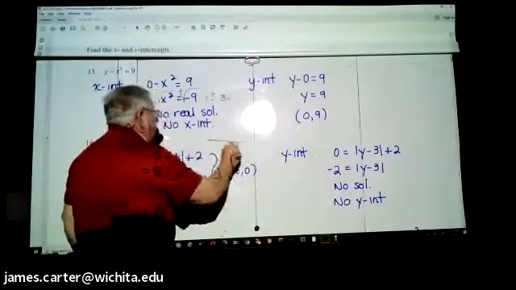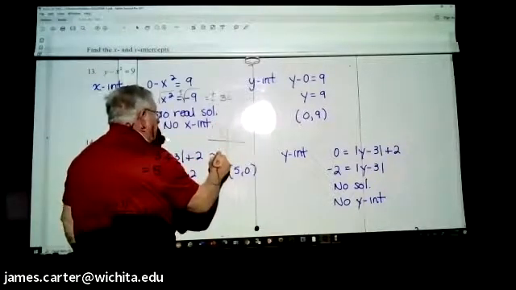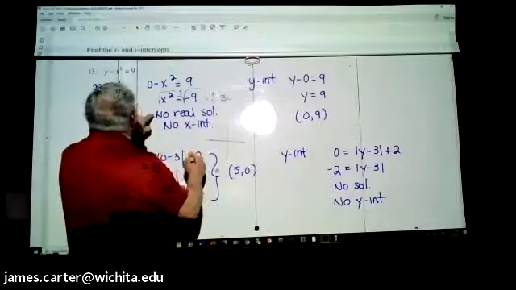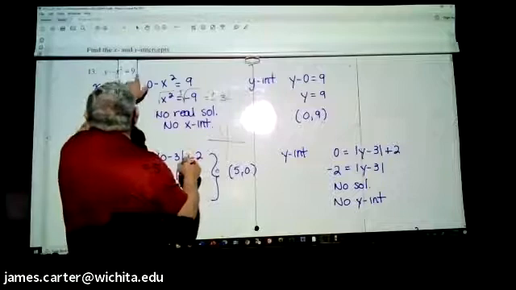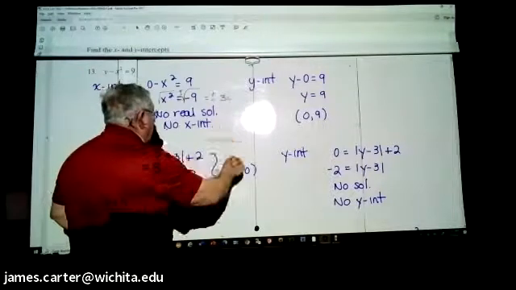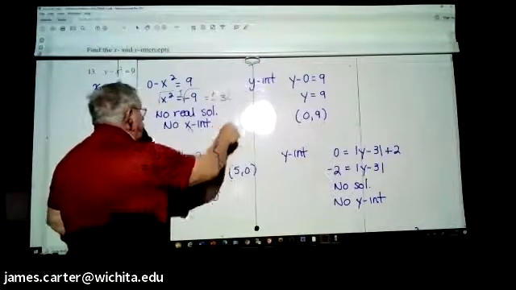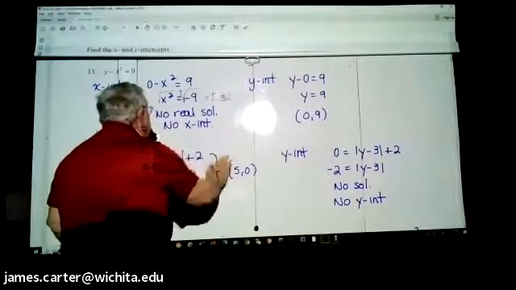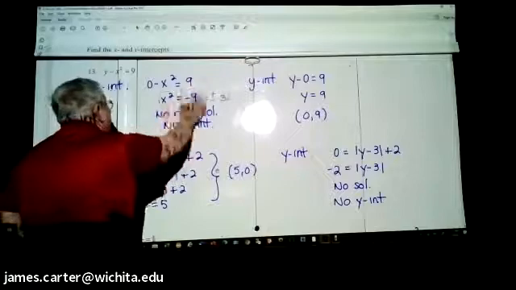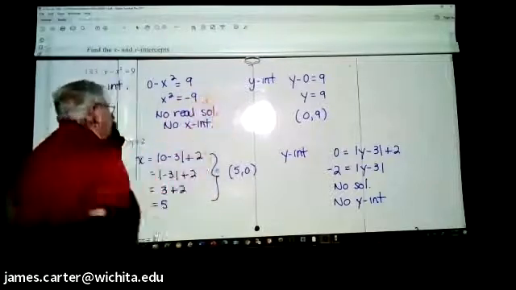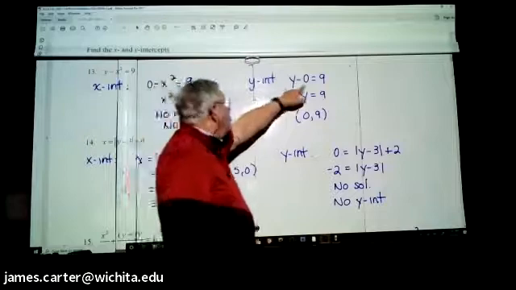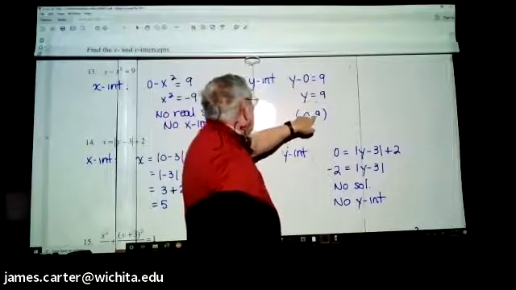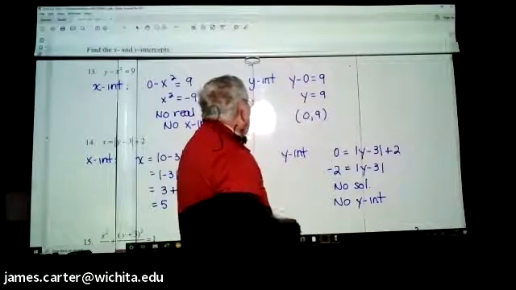That means that this equation does not cross the x-axis. It's a parabola that either looks like this, or if it were a negative x in the equation, when you take this over here, then it would go downwards. But in this case, it would be upwards like that and never touch the x-axis. Now, for the y-axis, we replace the x with 0, and we get simply 9.